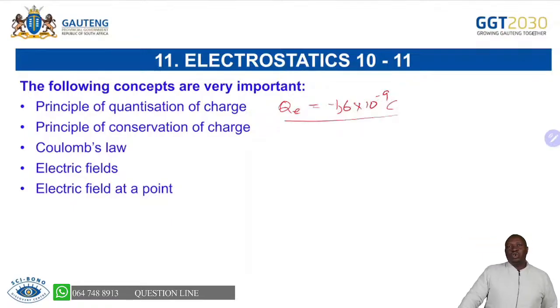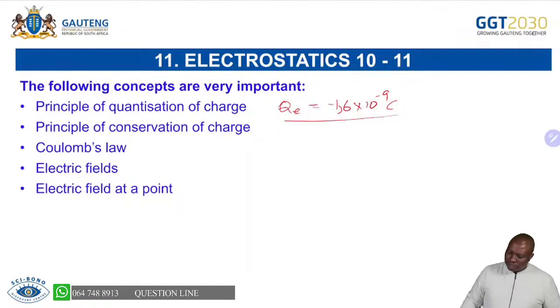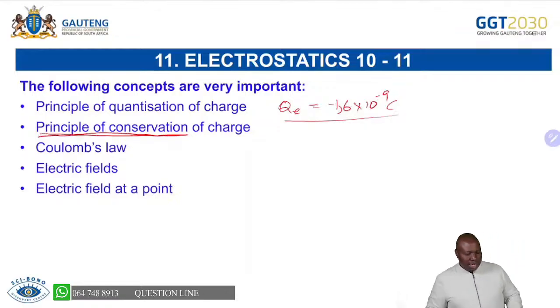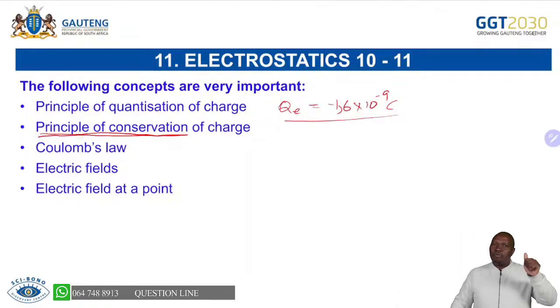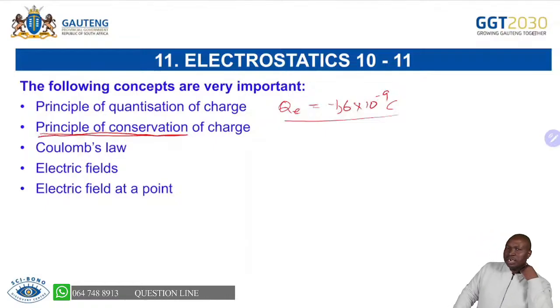But now we have to talk about the principle of conservation of charge. Remember, when a grade 12 learner sees the principle of conservation, you have done so many principles of conservation by now. You have done the principle of conservation of mechanical energy in grade 10. That is still applicable in grade 12.